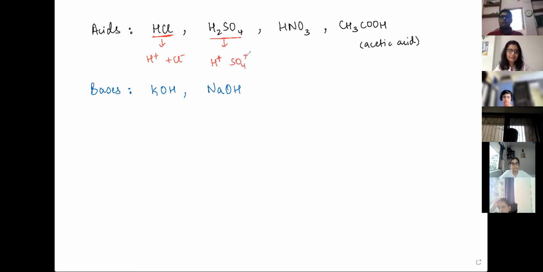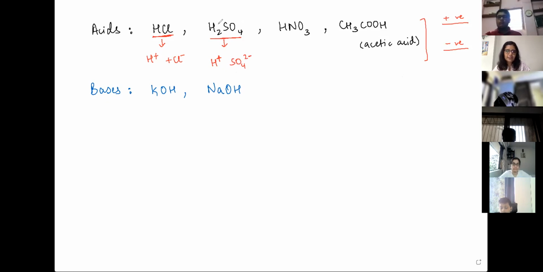Always remember, whenever you have a simple acid or a base or a salt, in most cases you get a positive ion and a negative ion, one cation and one anion.